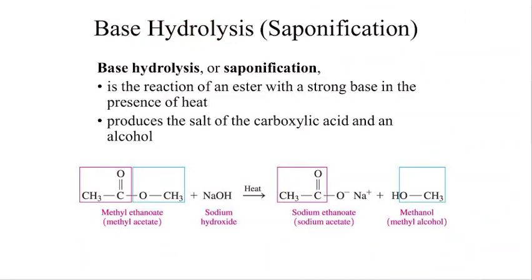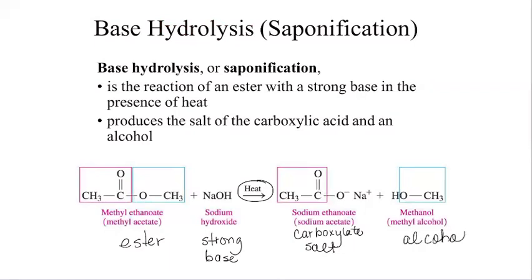In the process of saponification, we have an ester combining with strong base, and you're going to use heat. What happens is that we form a carboxylate salt and we produce the alcohol part of the molecule, okay?